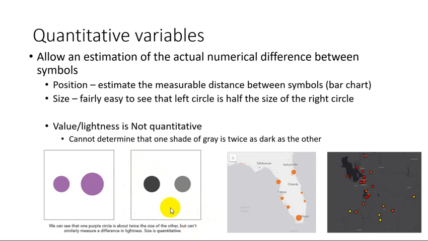Value lightness is the lowest on the scale for how easy it is to estimate. It's almost impossible for someone to be able to say that this is twice as dark as this one. So it would be very difficult to discern actual numerical differences between symbols when you're using shade. So for a quantitative variable, stick with position.